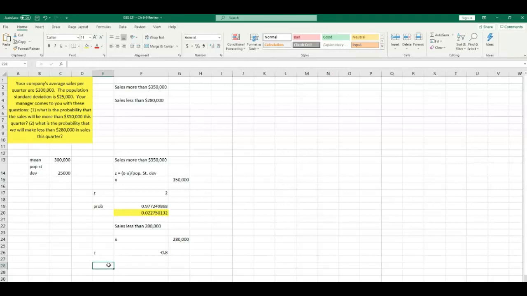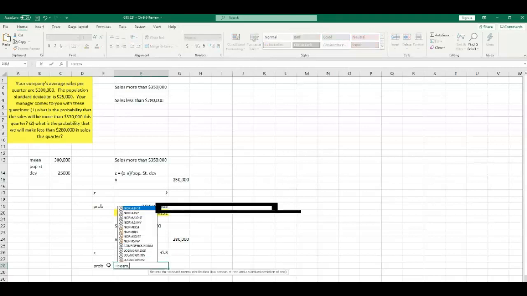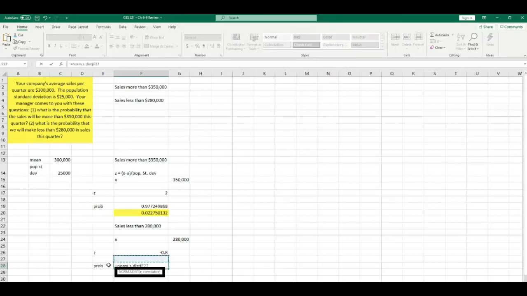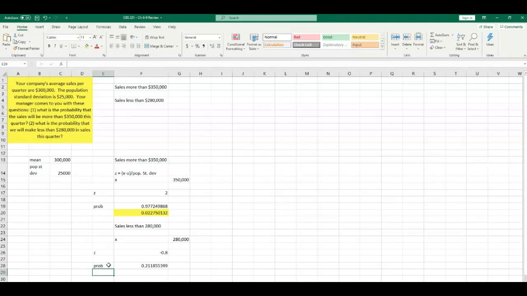And then we need to find our probability by doing norm.s.dist, put in our z-score, and we type in true. And that comes back with 0.2118. Now, in part A, up here, we had to subtract this 0.97 from 1, right, to find our true probability.